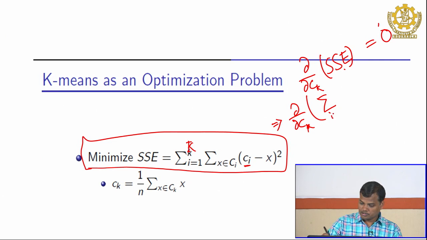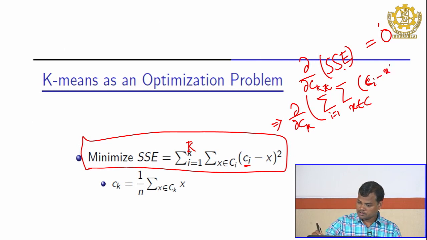Summation over i equal to 1 to capital K, summation over x in cluster C_i, of (c_i minus x) squared.